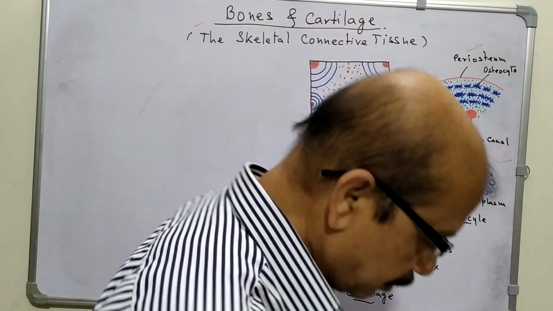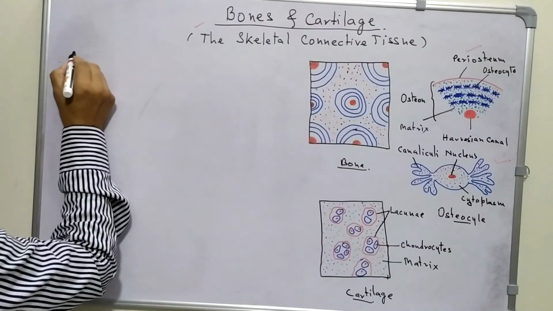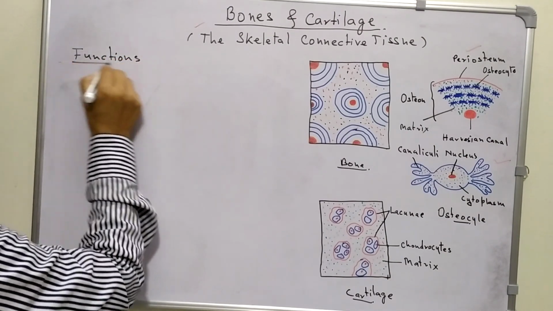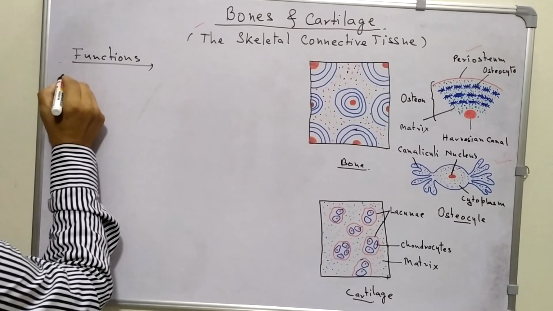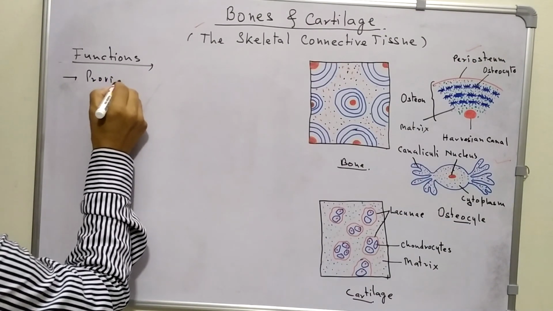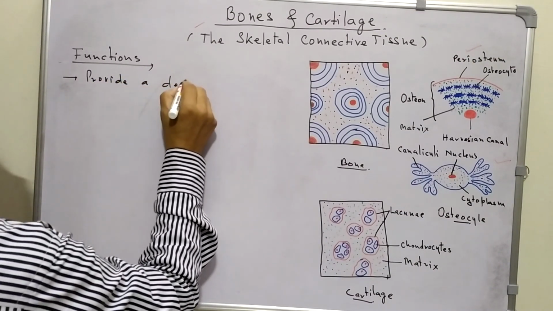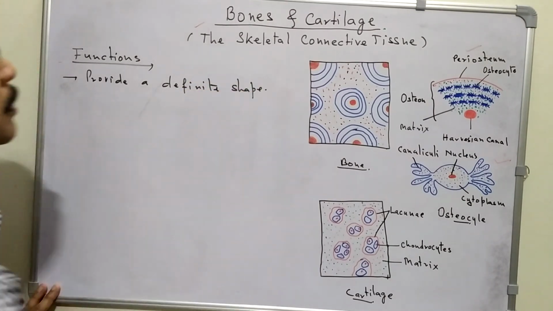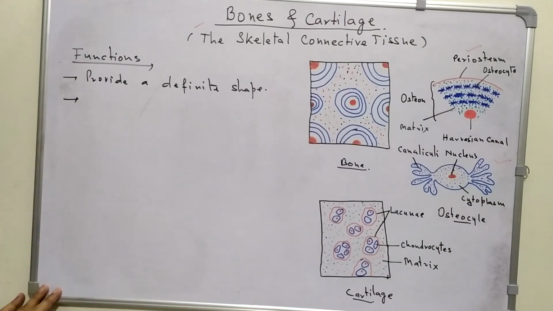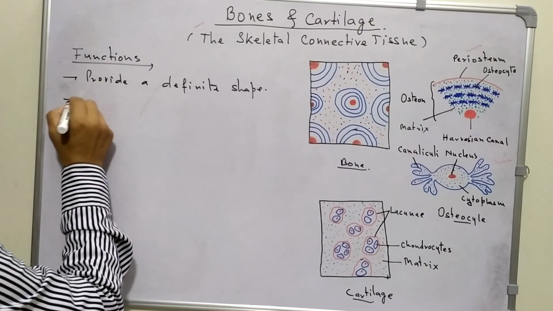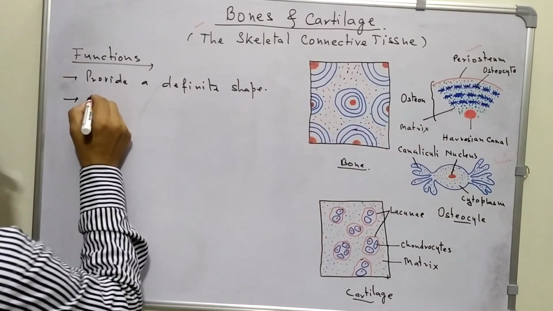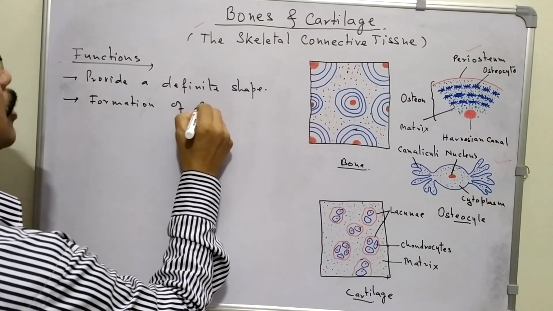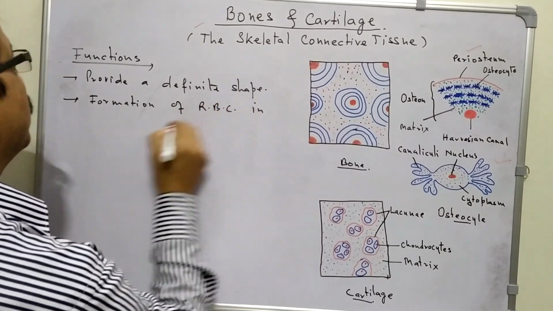Now the functions of bone. Bones provide a definite shape. Second, formation of RBC in bone marrow.